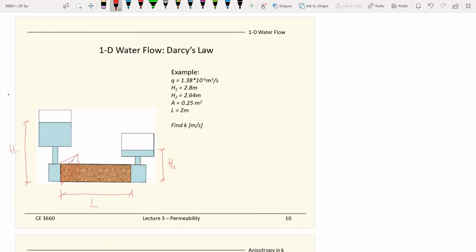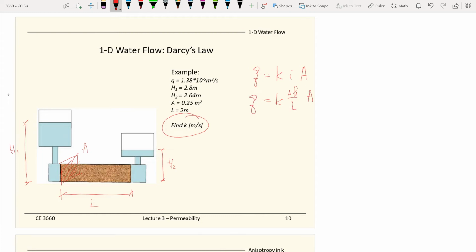and also the length of the soil sample. What we try to achieve is to find K, the hydraulic conductivity of the soil, where we put a head difference there so water can flow through it. Then hopefully we can indirectly measure the K value. We know the Darcy Law is Q equals K I A, and I is delta H divided by L, times the area.